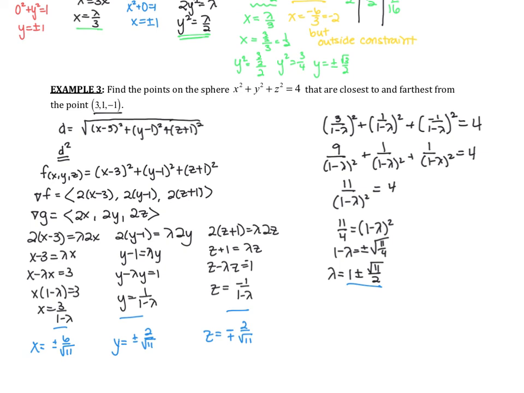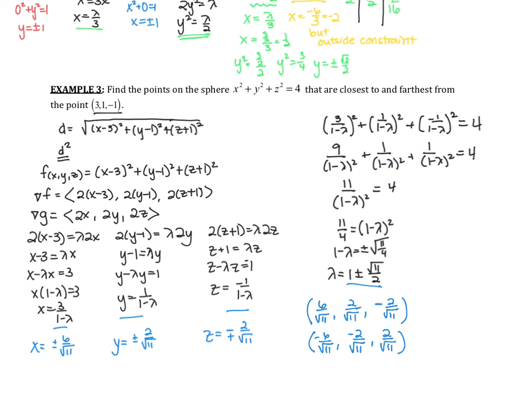Okay, now what we're going to see here is that we have 2 points. We have the points x, y, and z, because we're looking for points on the sphere. We have the point 6 over root 11, positive 2 over root 11, and negative 2 over root 11. That's why we wrote it the wrong way. And then we have the point negative 6 over root 11, negative 2 over root 11, and positive 2 over root 11.